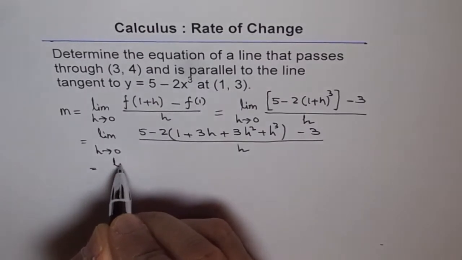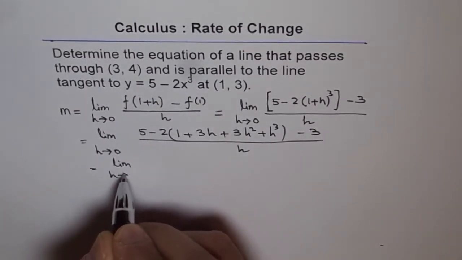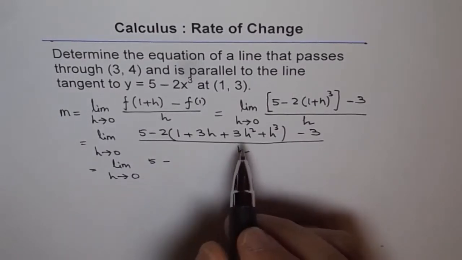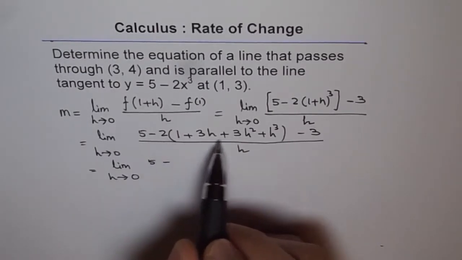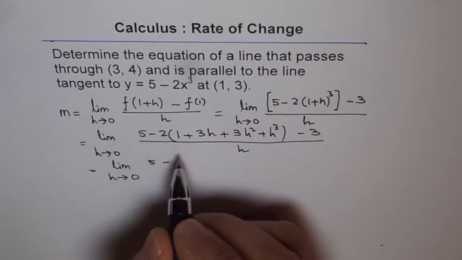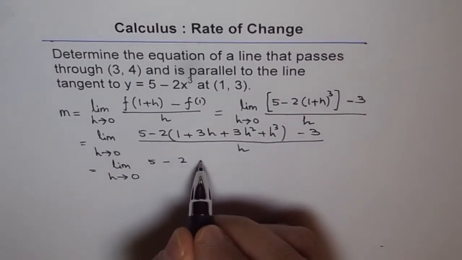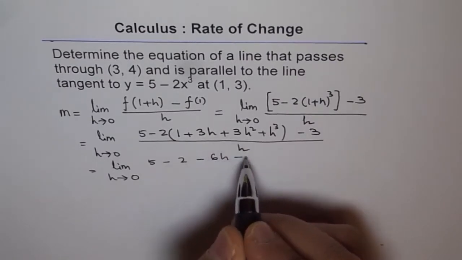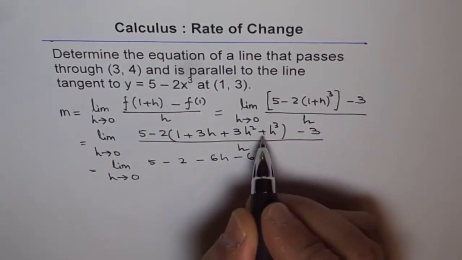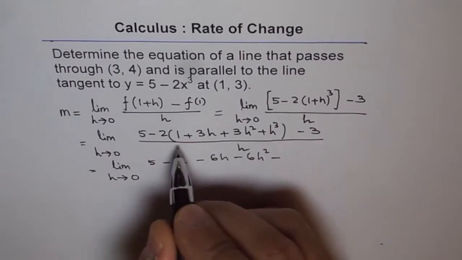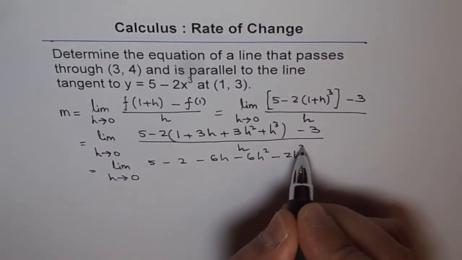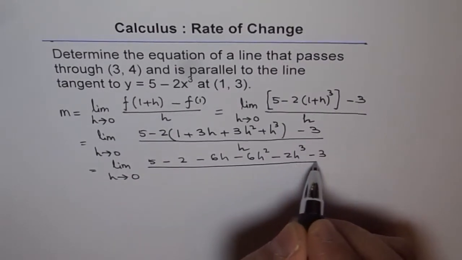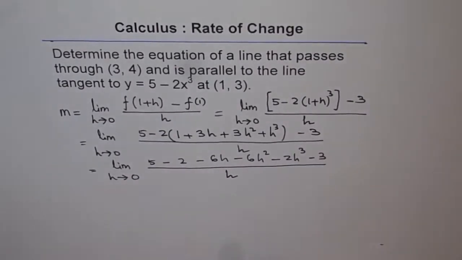Now we get limit h approaches 0, and we have 5 minus, so let's open this bracket up, so minus 2, and then we get minus 6h, minus 6h², and we have minus 2h³ minus 3. So that's what we get in the numerator and h in the denominator.